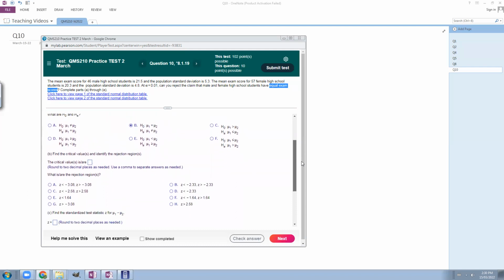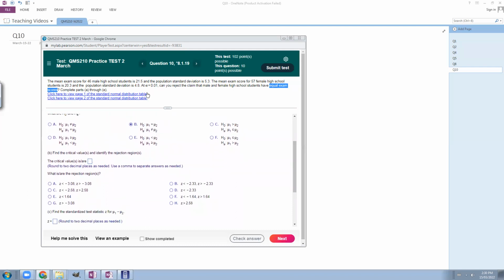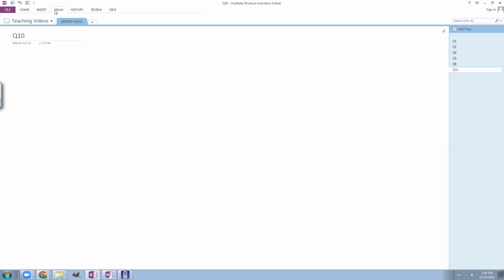Now we need to find the critical values. So this is a Z test, and we're testing whether the means are equal or unequal. This is a two-tailed test. So we can draw a little sketch.